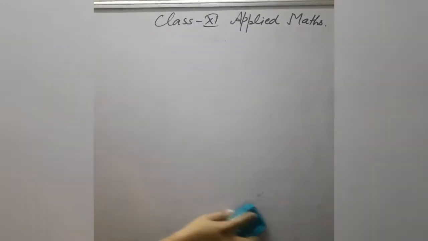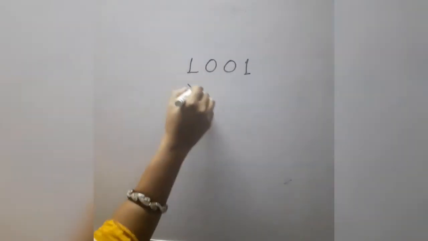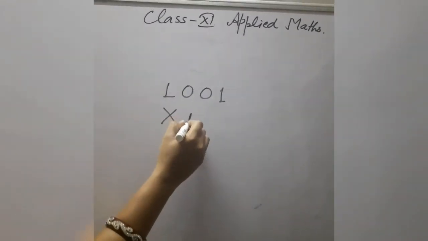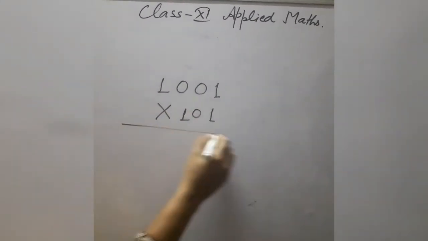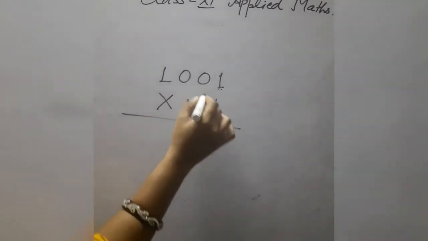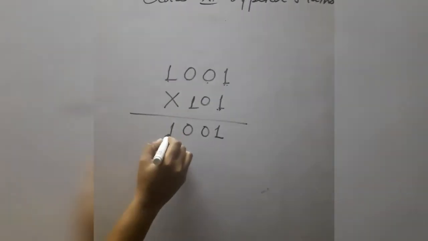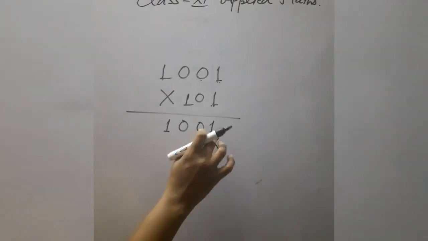of two binary numbers. Suppose you want to multiply two binary numbers. The numbers are 1 0 0 1. You want to multiply this binary number with 1 0 1. Firstly, this 1 is multiplied with this number. 1 into 1 is 1, 1 0 0 1. Now here you will put a multiply sign just like in the decimal number system.